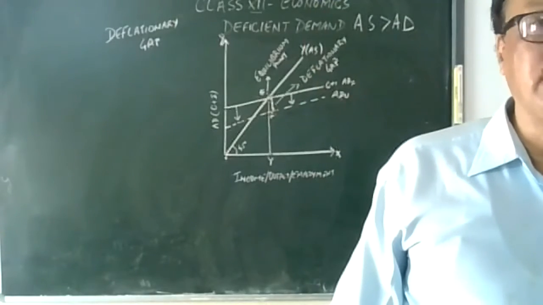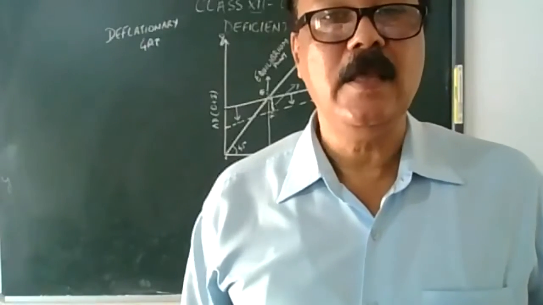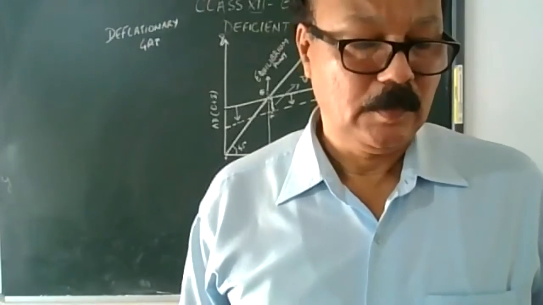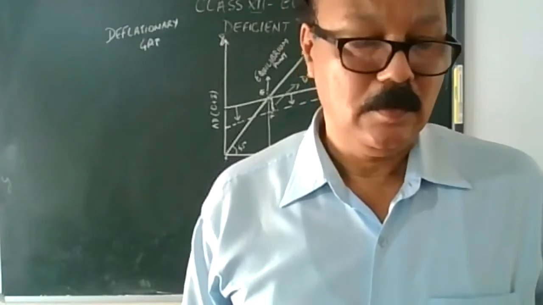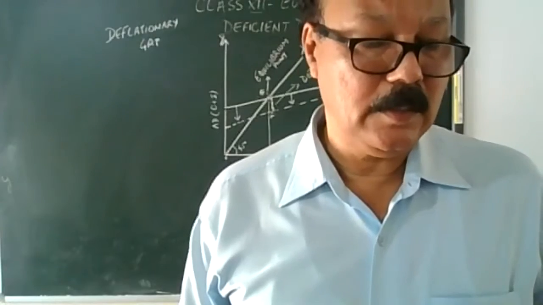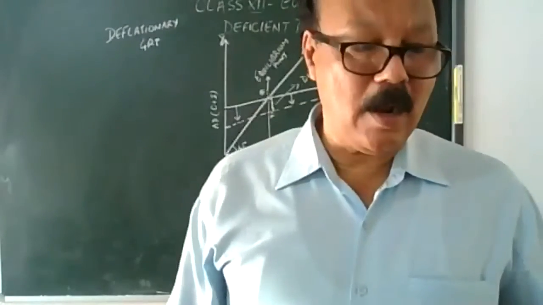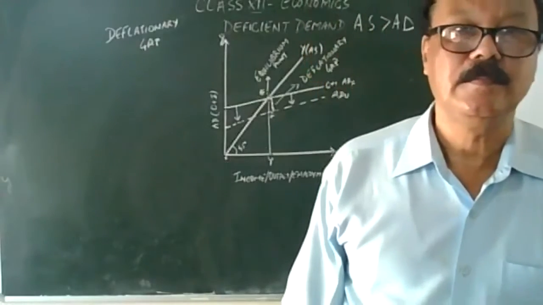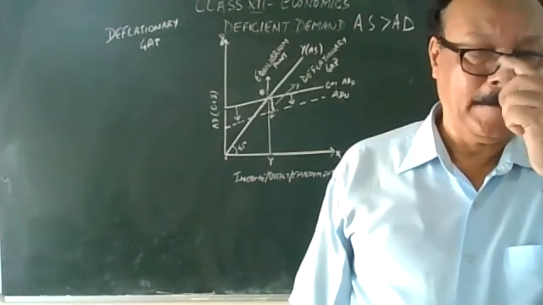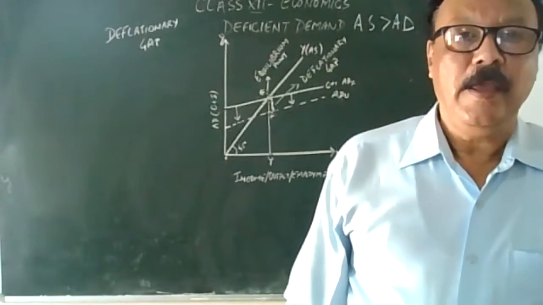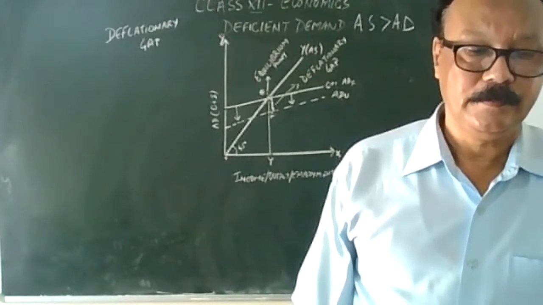Effects on general price level. What will be the effect on the general price level? Heading, effect on general price level. Deficit demand causes a fall in the general price level.